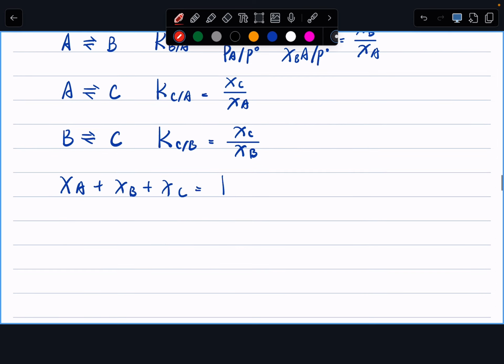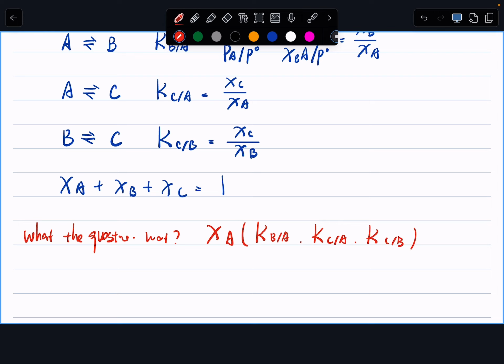The question is asking us to express chi_A, let's say, as a function of K_BA, K_CA, and K_CB. You don't have to use all three of them, but we're looking for the expression of the mole fraction as a function of your three equilibrium constants.